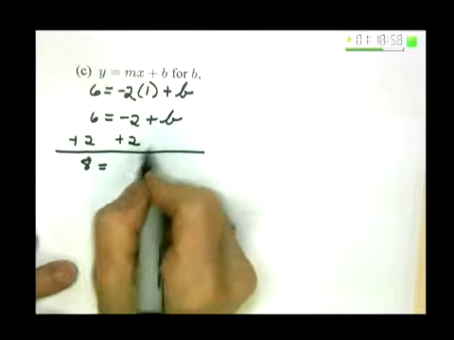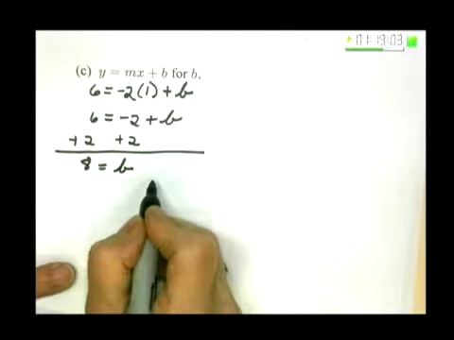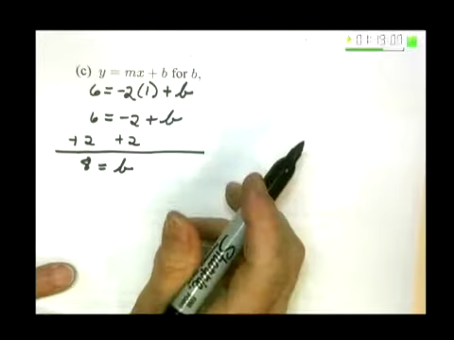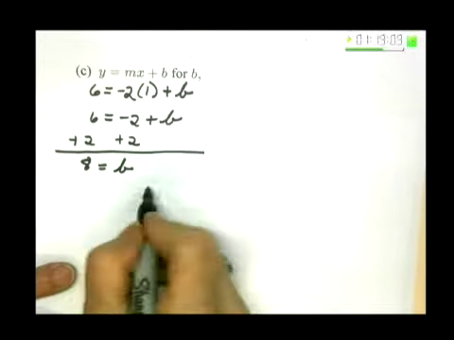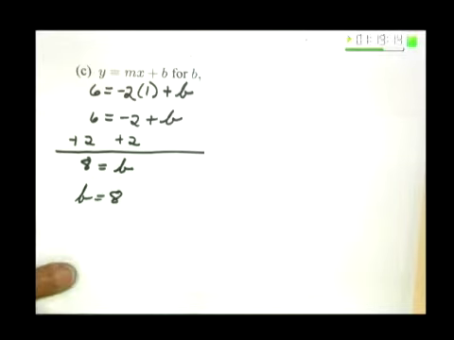And negative 2 plus 2 is 0. So 0 plus b is b. So I have 8 is equal to b. And that's what I was looking for, the value of the variable b. 8 is equal to b, or I could write b is equal to 8. And that's one of our math properties that allows us to do that.